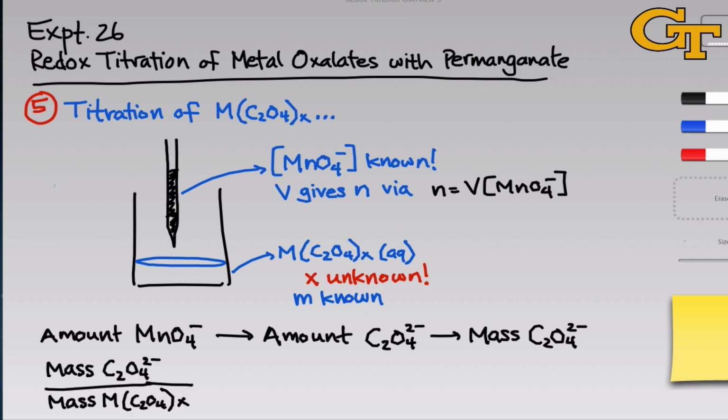And from that, we can calculate a mass ratio or a mass percent of oxalate in the complex. And this is the mass of oxalate, which we calculated from the amount of oxalate, which was in turn calculated from the amount of permanganate, divided by the total mass of the complex, which depends on x, but we can at least plug in hypothetical values of x, 1, 2, 3, etc., and generate theoretical mass percentages that oxalate should have if x is 1, 2, 3, etc. And you'll know this if you look back at experiment 25.